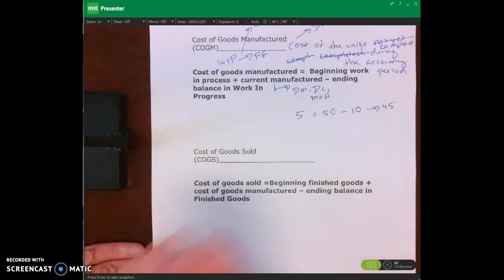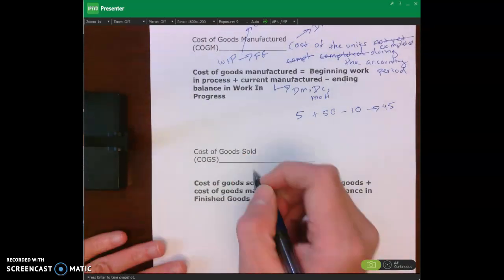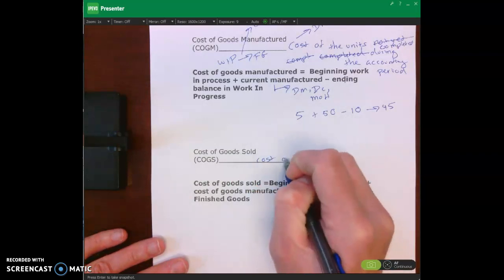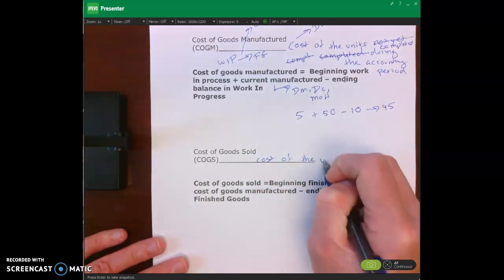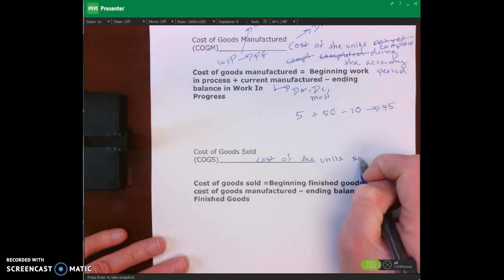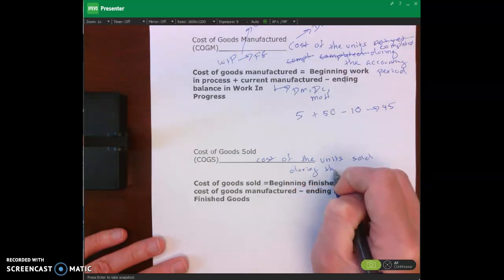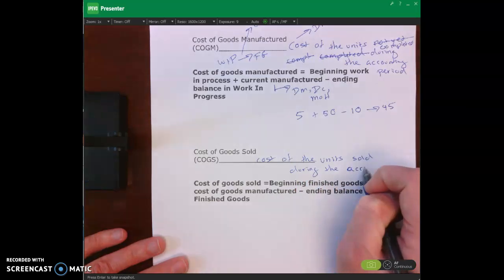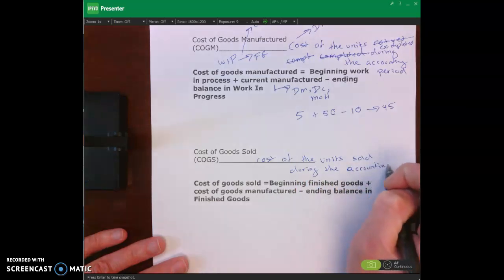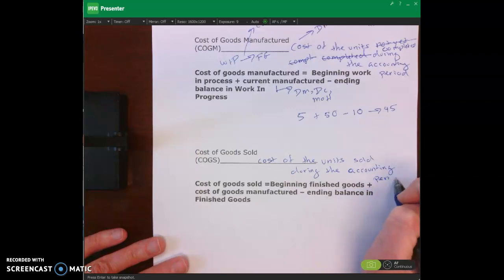Our cost of the goods that we sold is the cost of the units sold during the accounting period. Okay? And what do I mean by cost?